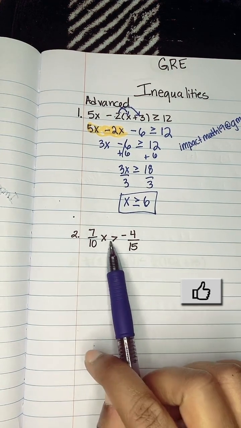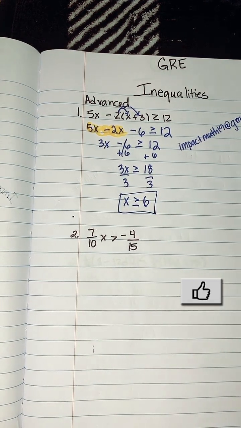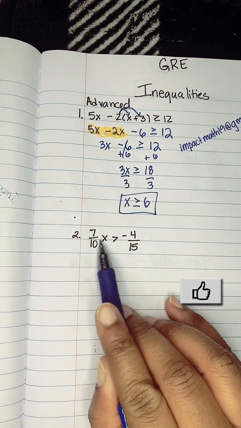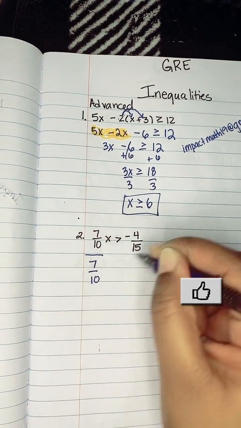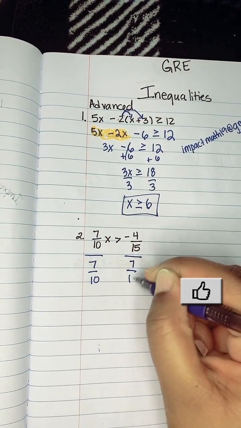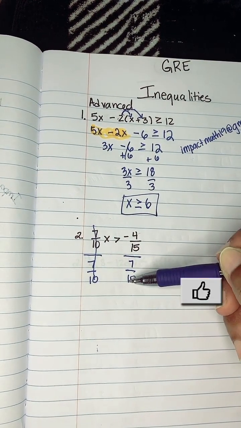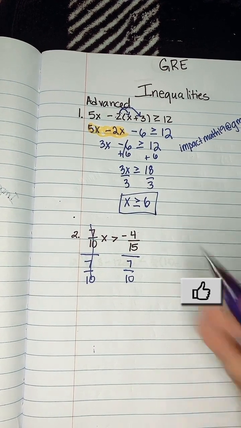We have 7/10 x greater than -4/15. Now, let's just say you are okay with fractions, right? So remember, these are multiplied, right? So we would divide both sides by 7/10. Now, for most people, this is like, what in the world is this? It's like my heart starts beating fast. Like, oh my goodness, what is this?